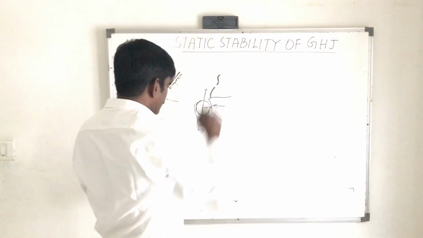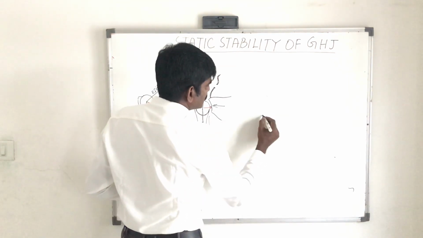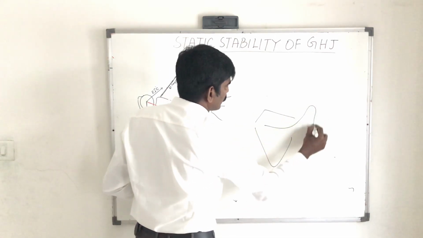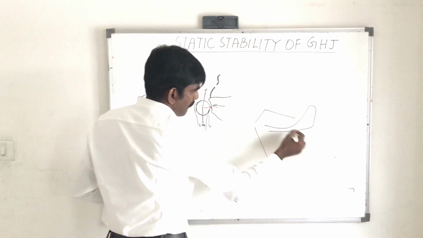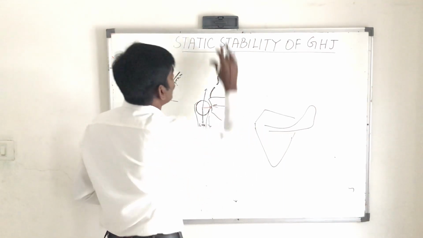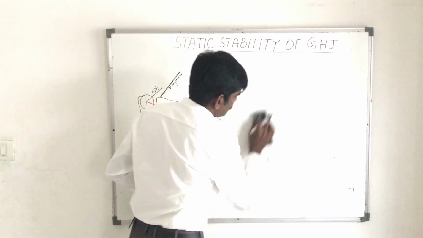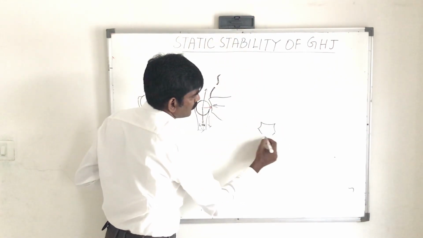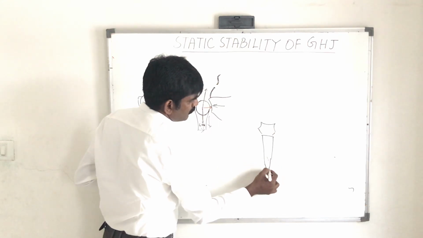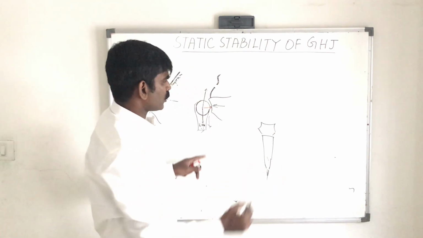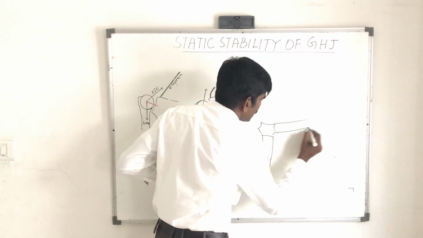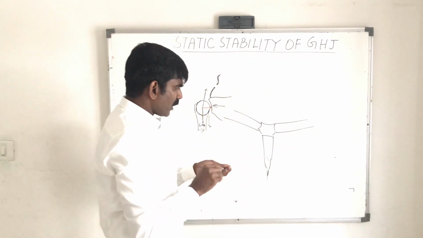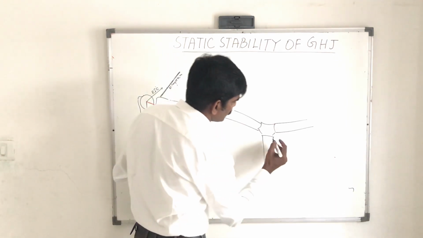So imagine this is the anterior view. This is the sternum, the manubrium, body and xiphoid process. This is the clavicle. Clear? You know the trapezius I have already told, and these are the ribs.